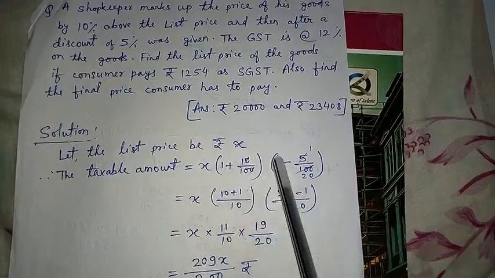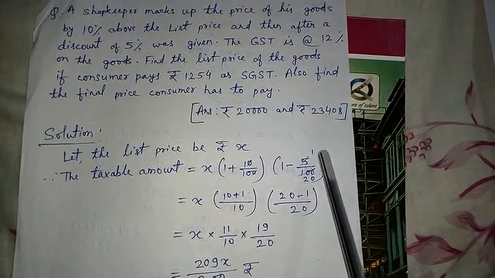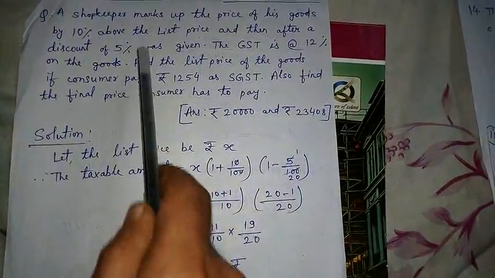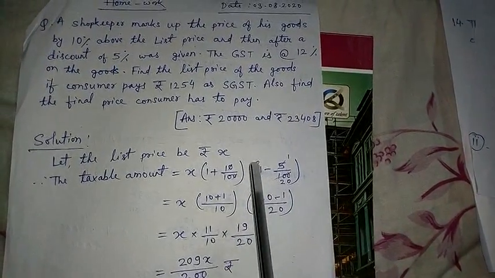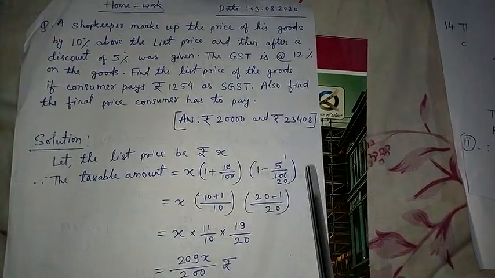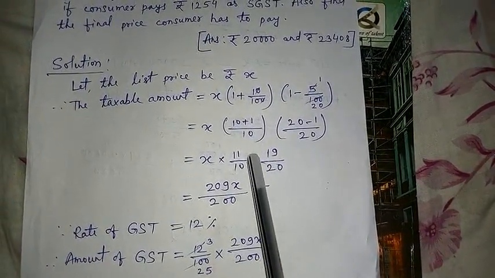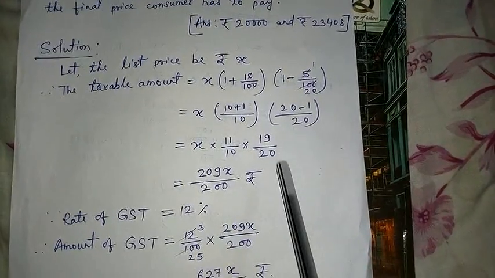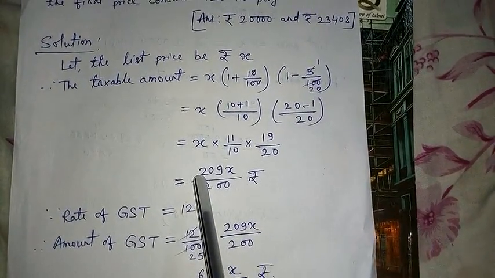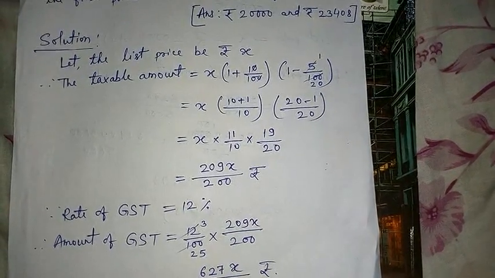This is the increment of 10%, and 1 minus 5 by 100 is for the 5% discount. After doing LCM, this became 11 by 10 and this became 19 by 20, and when you cancel it, 209X by 200 rupees is the taxable amount.